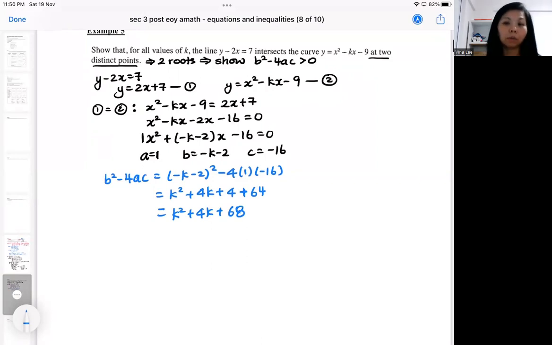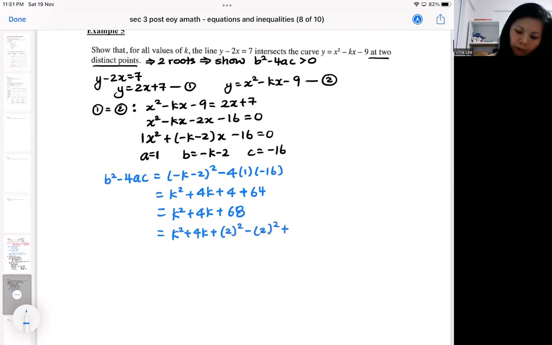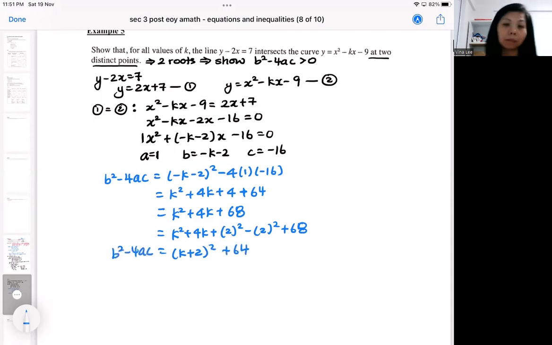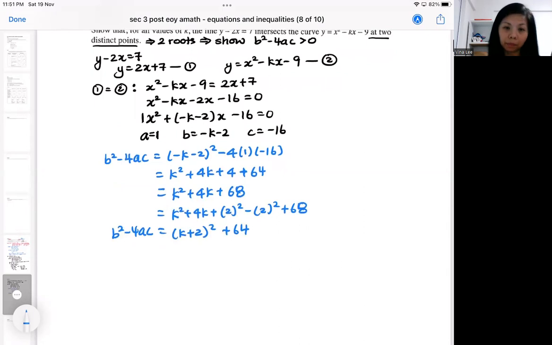So what can you do with this quadratic function? You can do a complete square. So this is the expression for the discriminant.